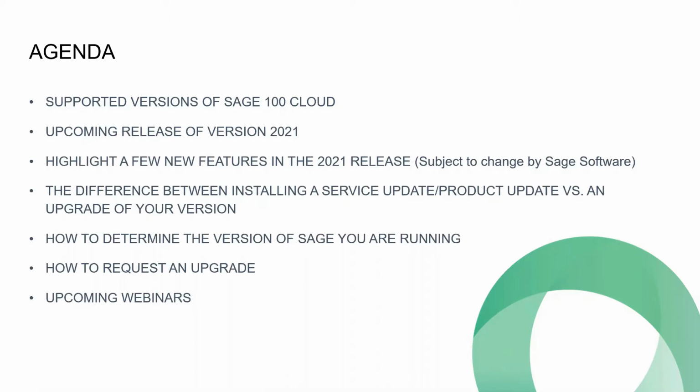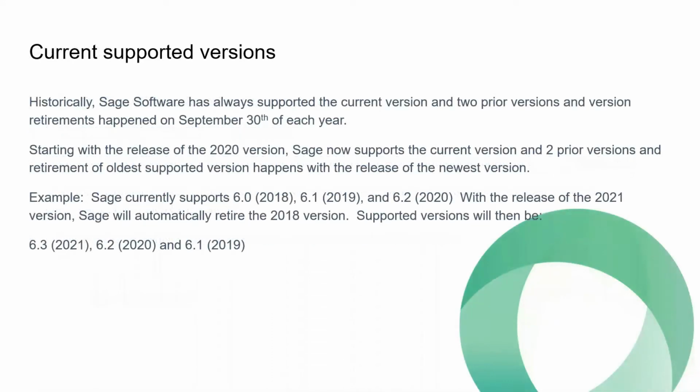We're going to talk about the difference between having a service update installed versus a full upgrade version of your software, so how you can tell the difference and know whether a service update was installed or if we did an actual upgrade of your software. We're also going to talk about how to determine the version that you're running, how to request an upgrade, and upcoming webinars. The first thing that we're going to talk about are the current supported versions.